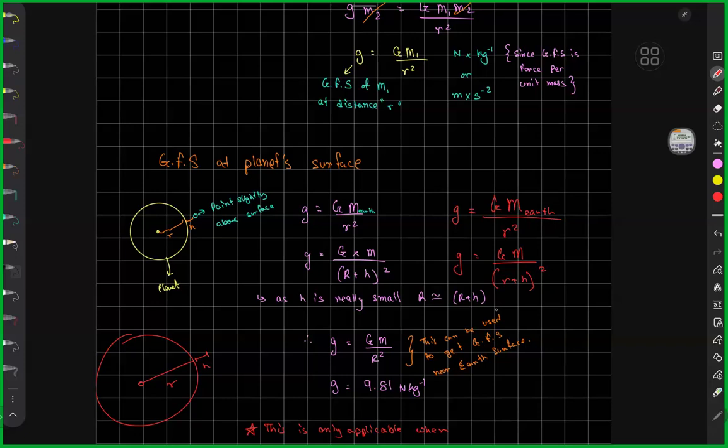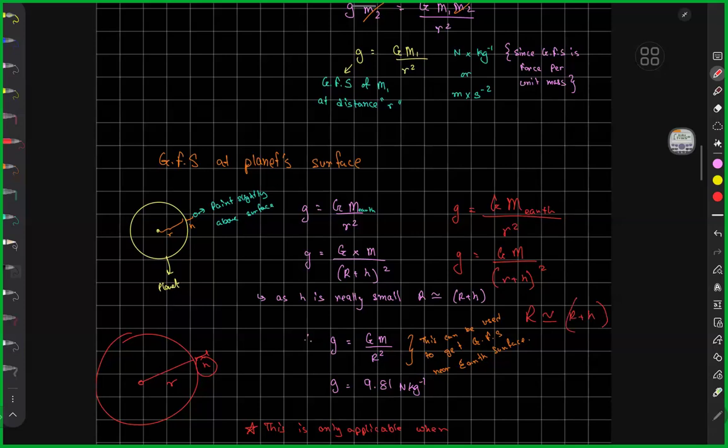Now, this is where the approximation comes in. Since we have a case where my h is really small as compared to my radius, I can approximate that r, the radius, is pretty much equal to radius plus h. This is an approximation.